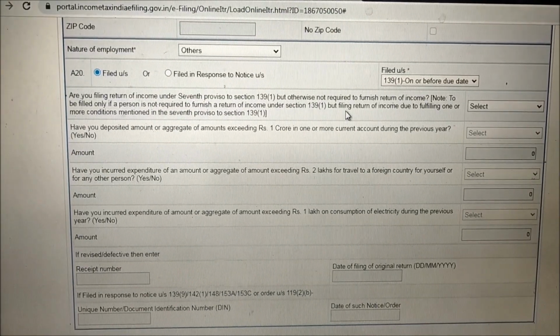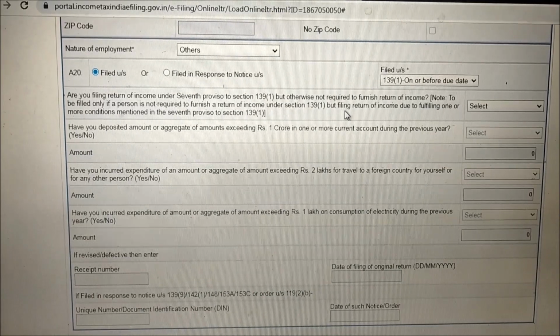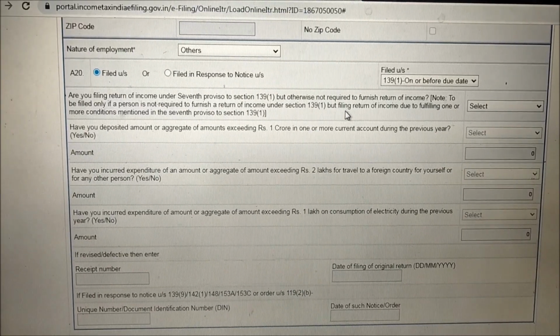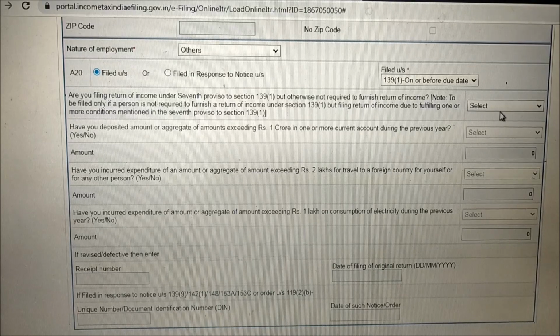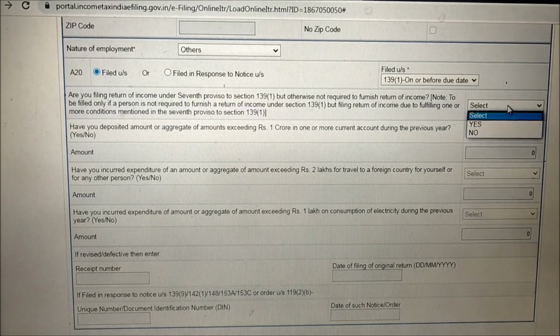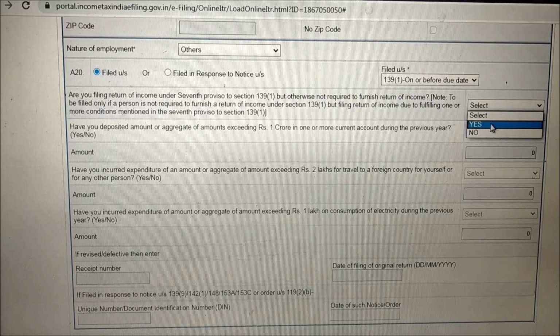If this condition is fulfilled, then the assessee should file his return even if his or her income is not taxable. So, if the assessee fulfills this condition, put yes here, otherwise no.